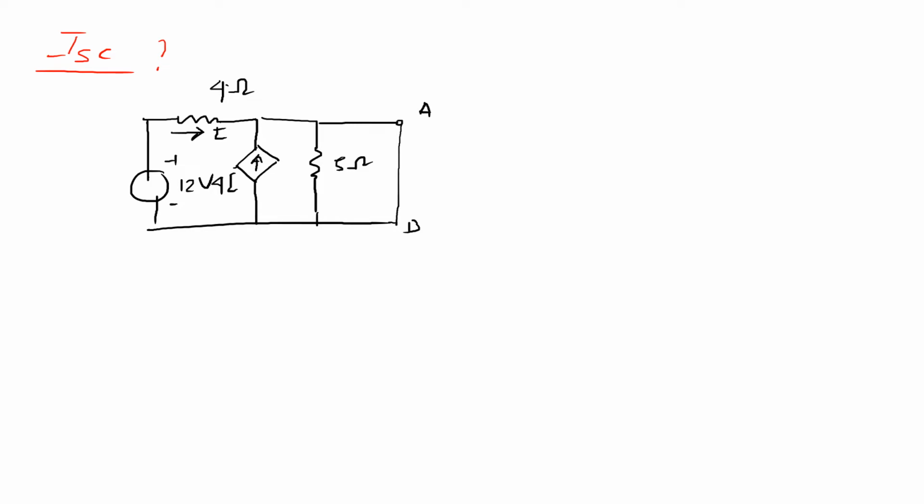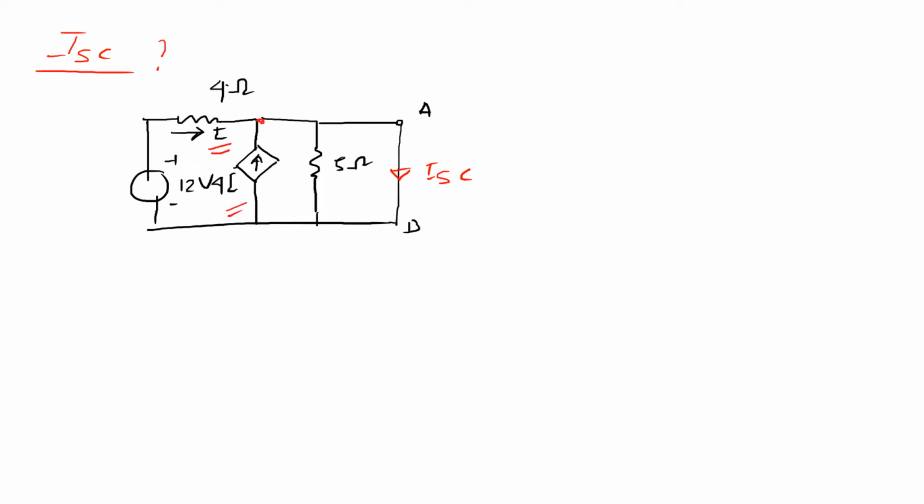So for finding the short circuited current, we represent that with these two terminals short circuited, and the current flowing through this terminal is known as the short circuited current ISC. So now if you see, what is the value of this short circuited current? ISC should be the summation of I plus 4I.